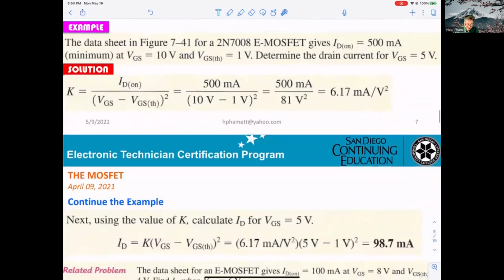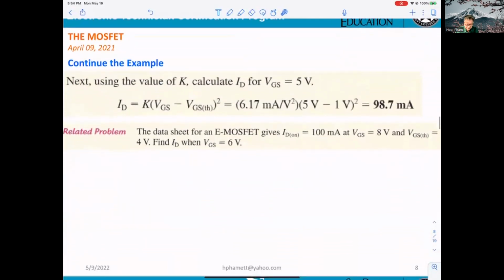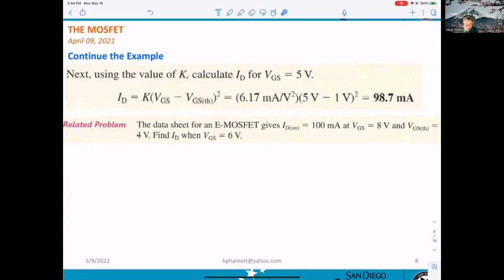Next, using the K value, we calculate the ID for VGS equal 5 volt. ID equals K times (VGS minus VGS(th)) squared. And that gives you, I believe, 98.7 milliamp. We already went through that example.